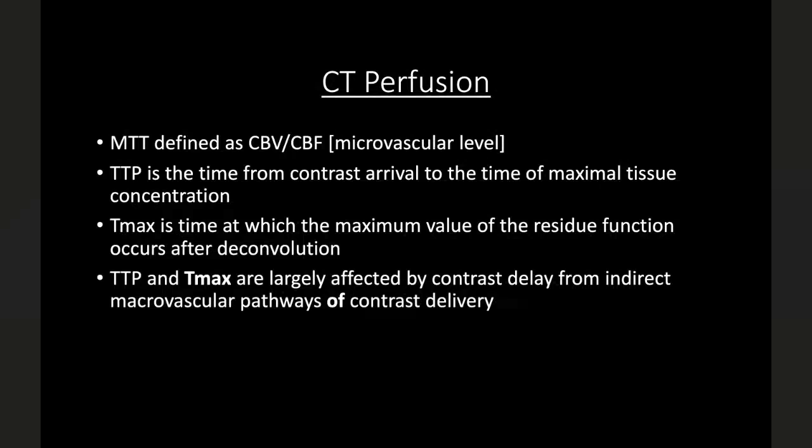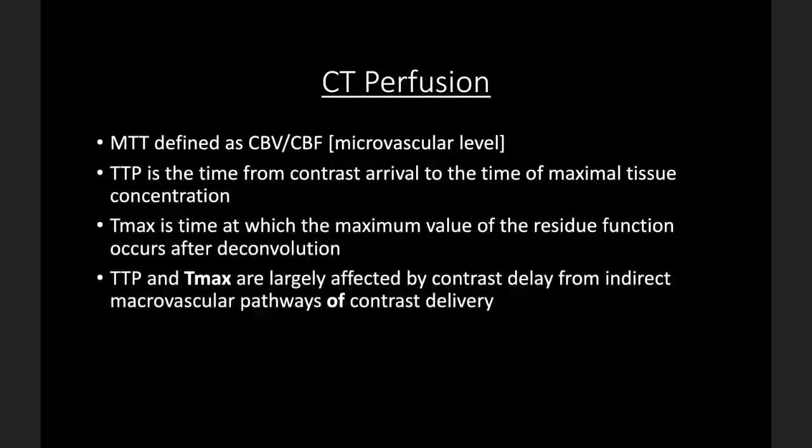And we do talk about the penumbra because that is the key for the management. So they do talk about mean transit time, time to peak, and time to max, and those kind of differences. In the big picture, we do use mean transit time because it looks at a microvascular level, whereas all the other parameters, predominantly it tells about when the contrast is given and how much time it takes to get to the maximal tissue concentration.